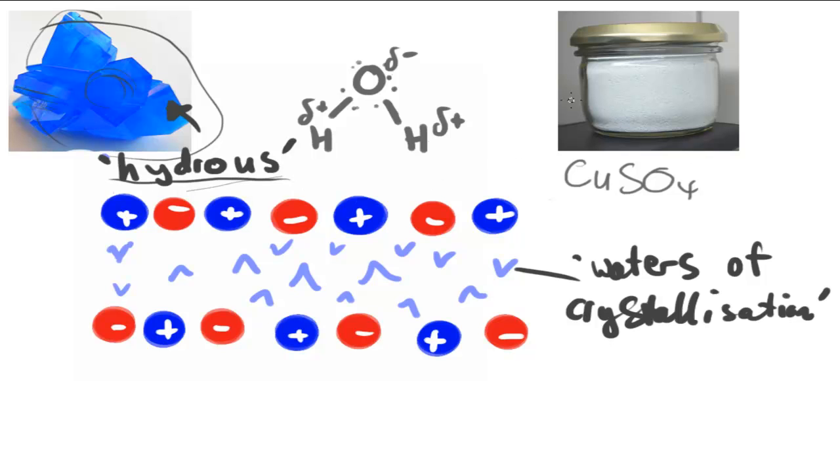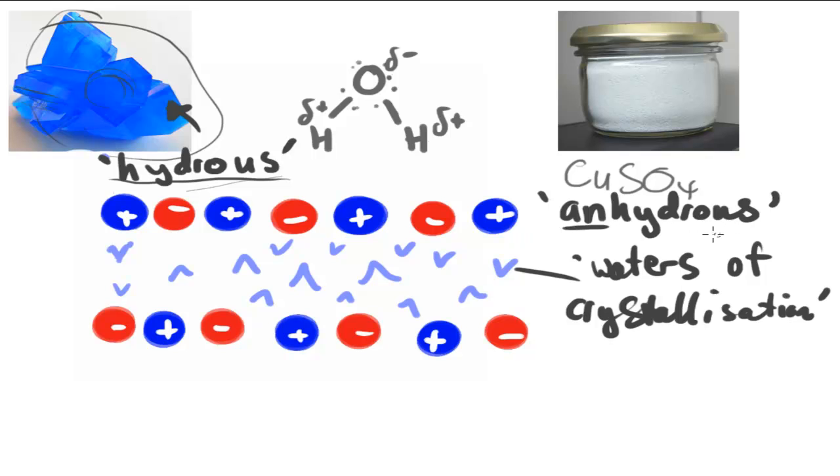And this one doesn't have water, because we had to add water to this to make it like that. We can use the same language style and say that it doesn't have water, and the way we do this is we say that it's anhydrous. Anhydrous means without water.